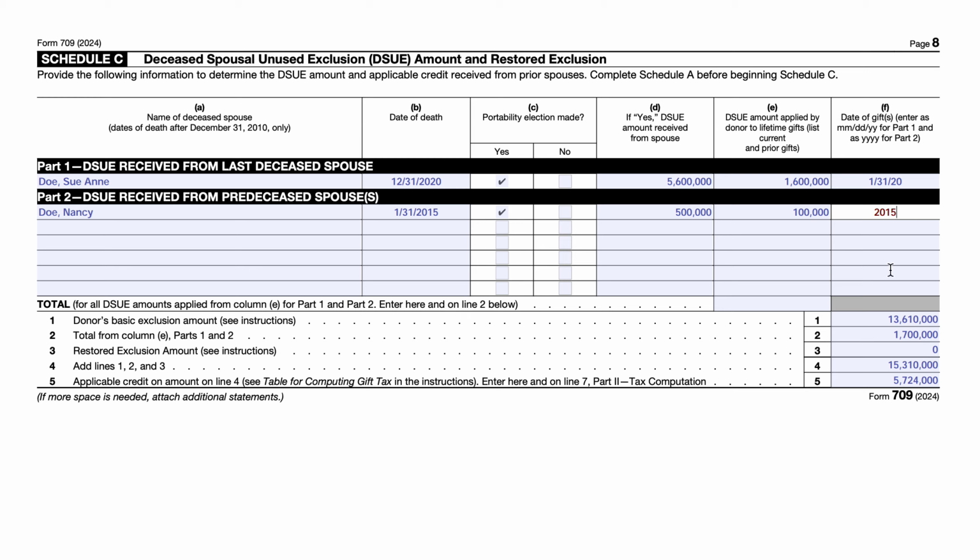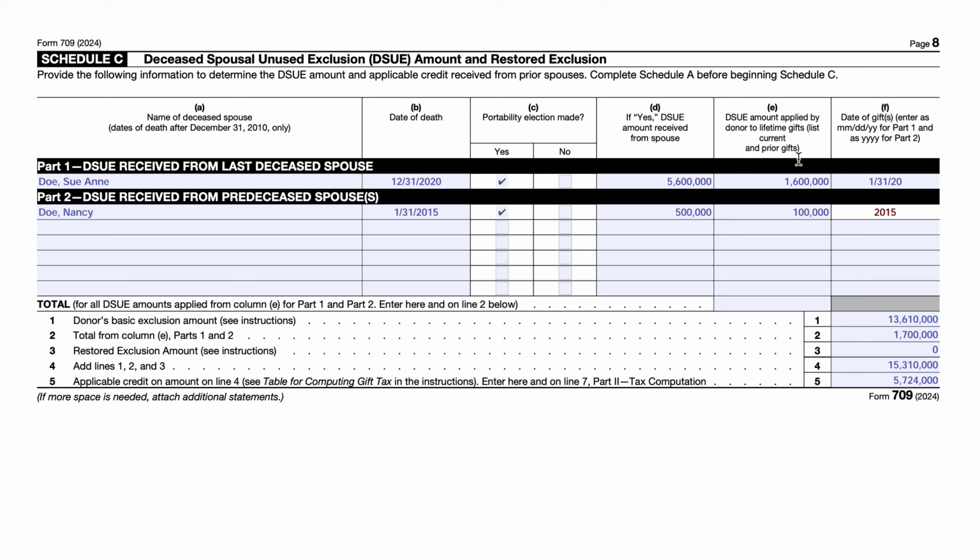So in this case, we're going to tabulate all of this. We start with the donor's basic exclusion amount, which is whatever the exclusion amount is for the current year. Then we use column E, parts 1 and 2. This is the unused exclusion amount that is being applied to his gifts, both his current year gifts and any past year gifts.